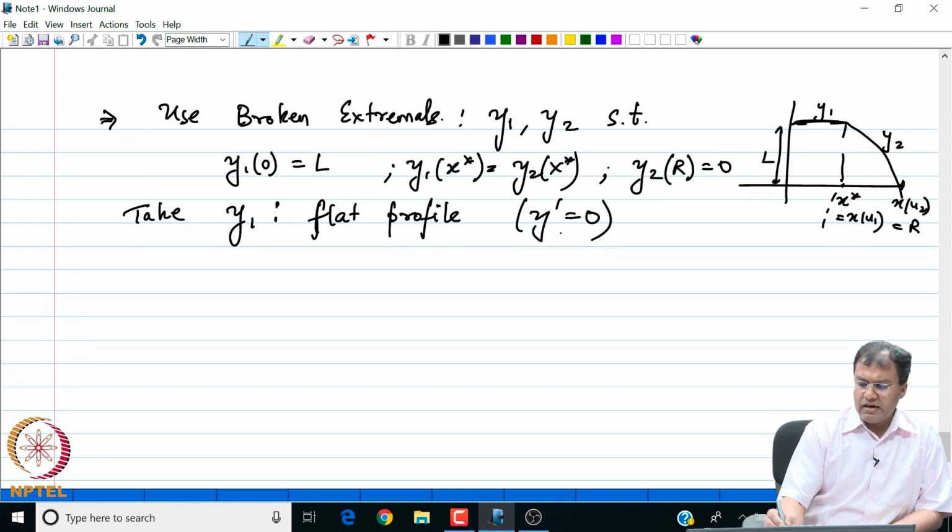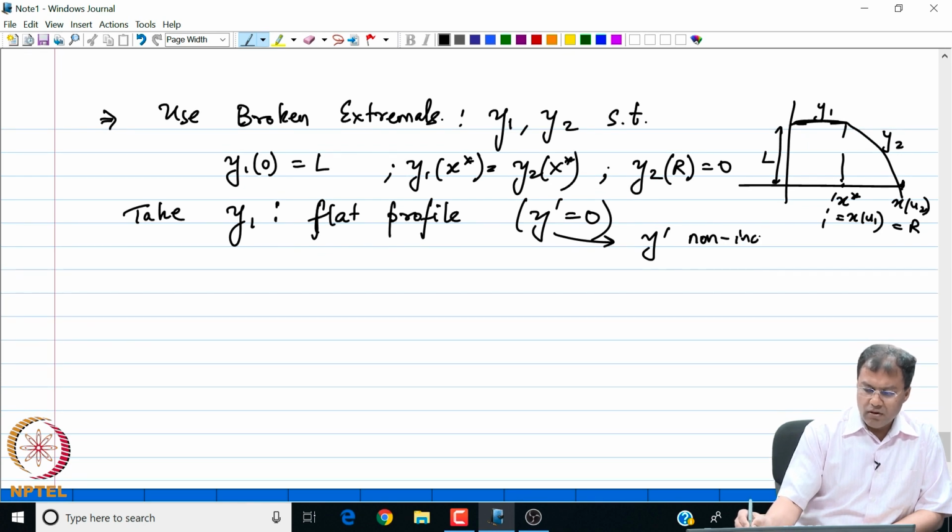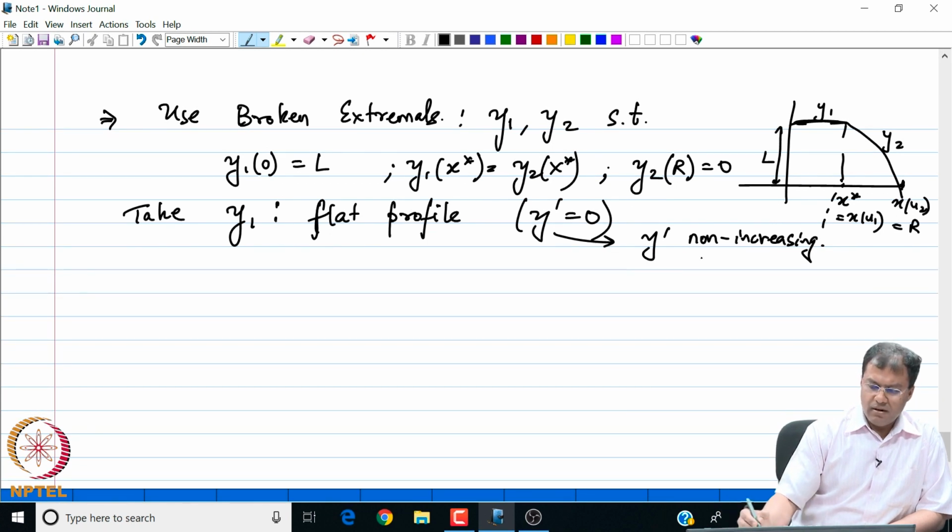The reasoning for taking a profile like this is, note that the way we have made our assumptions, y prime has to be non-increasing. So if y prime is not negative, it cannot be positive, it can only be 0. That is what we are left with, so that the shape is a convex shape.